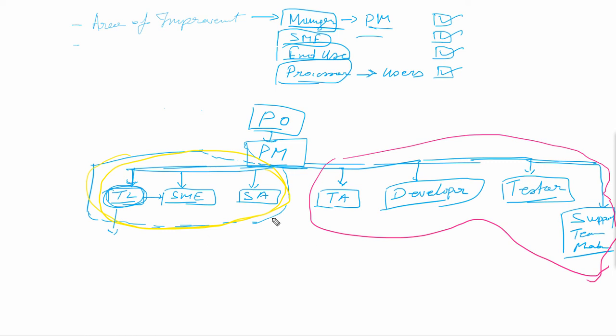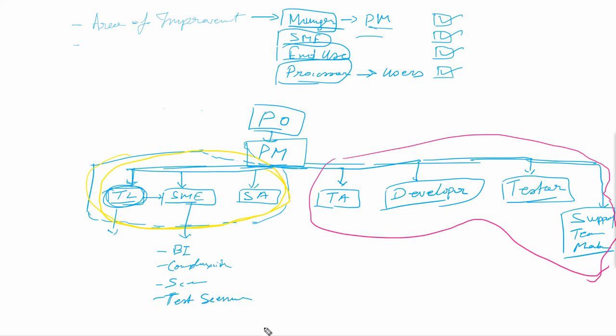The subject matter expert knows primarily the business impact, the complexity of the process we are trying to automate, and what scenarios are involved. The SME can also highlight the test scenarios which we need to test.